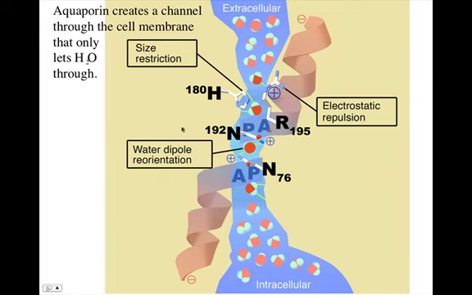Here's an interesting view now where we've zoomed in on these amino acids that are especially important for water to make hydrogen bonds with as it passes through this restrictive point in the channel. So aquaporin creates a channel that lets water through, and only water, partly because of its physical size, but also partly because of its shape and its chemistry. It's polar and wants to form non-covalent hydrogen bonds.